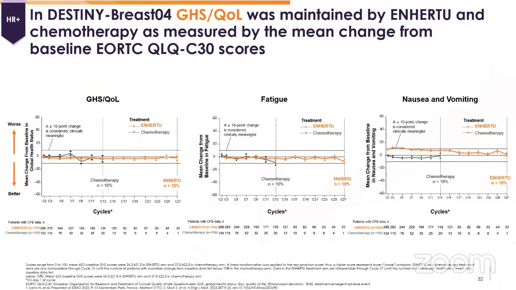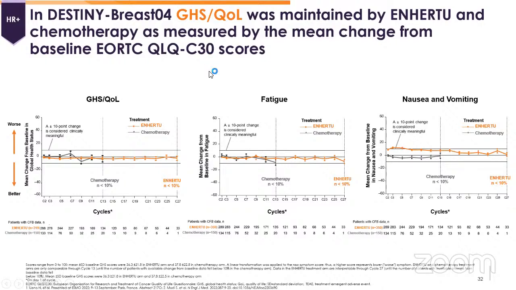Could you change the slide, please? So we look essentially at quality of life data, and we see that with the addition of NHER2, as compared to chemotherapy, there is either maintenance of parameters of quality of life, or they remain the same, but there is no worsening because of the addition of NHER2.